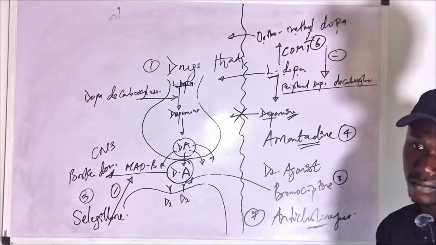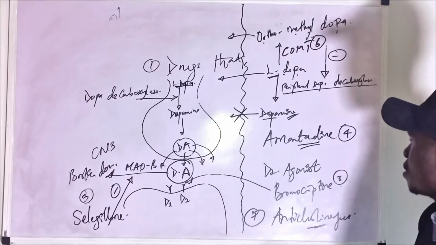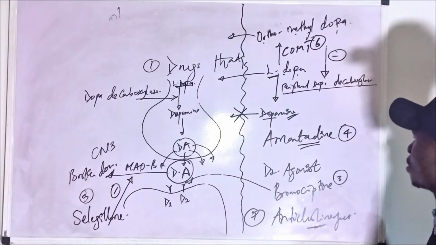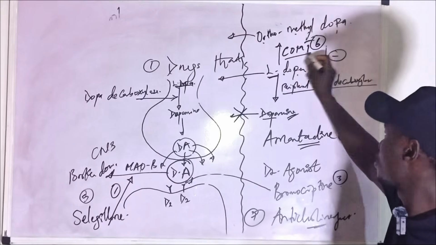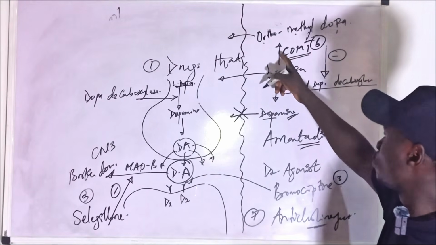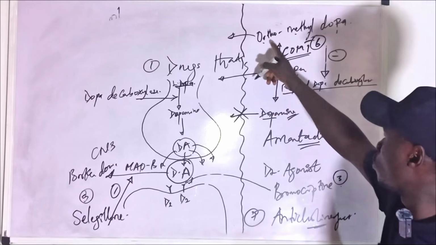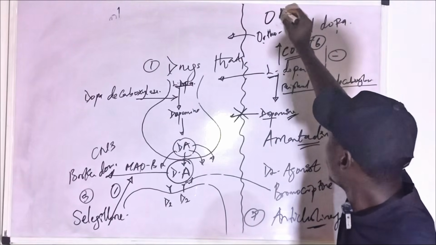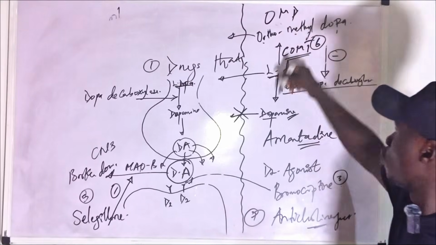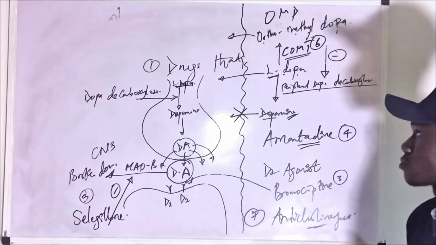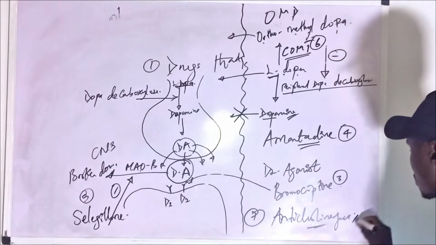Will increase. Do you get it now? Then again, if we can also give COMT inhibitors, we are going to decrease the conversion of L-dopa to, for short, OMD, O-methyl-dopa.